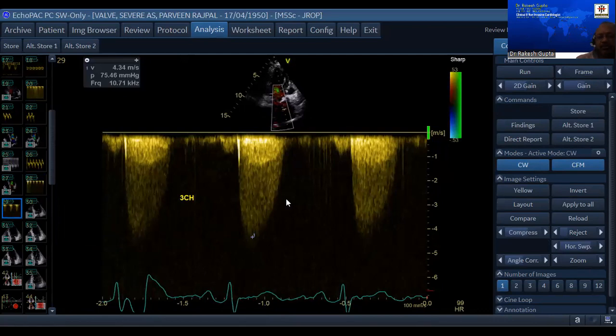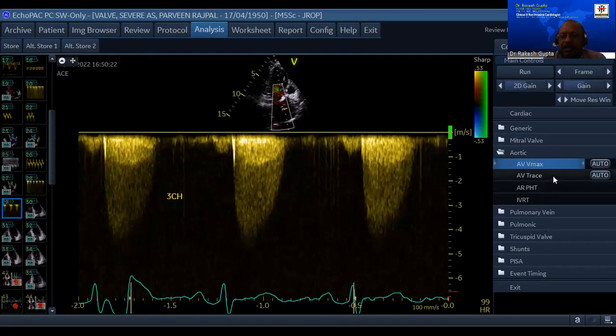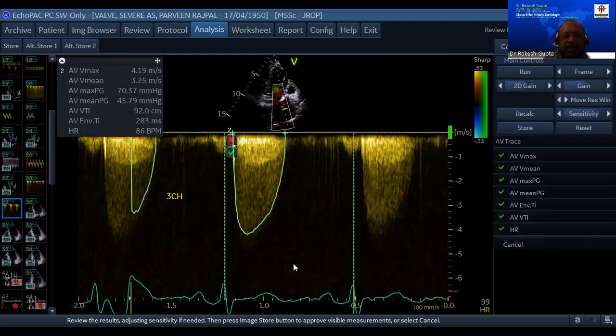So we go to the 5 chamber view, and then put a continuous wave Doppler across this valve to get the peak and mean gradients. Same thing what we do in other valves, we do the same thing out here. Then we trace this aortic valve to get the peak and mean gradients. Let me do an auto trace. So this is the peak and mean gradient tracing.